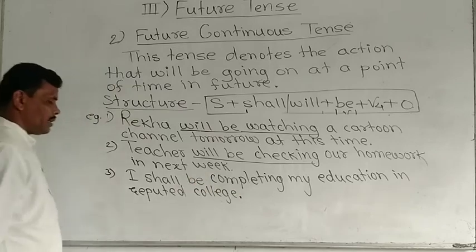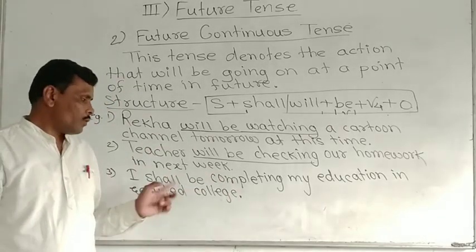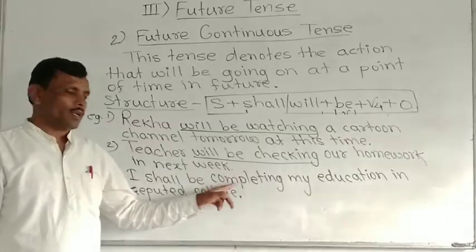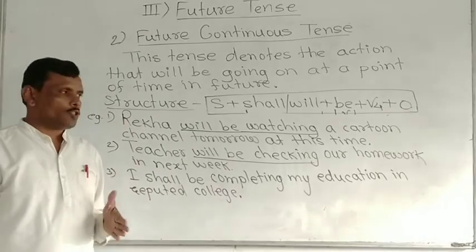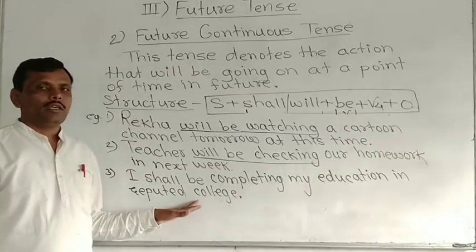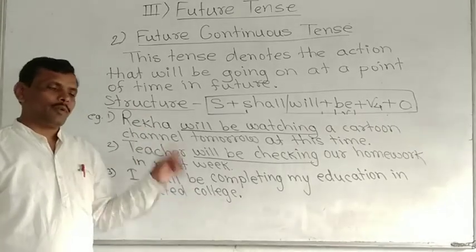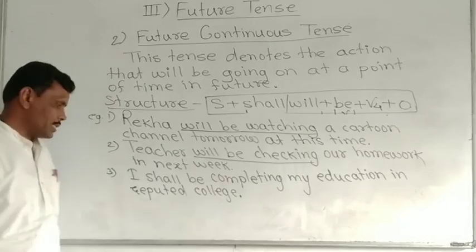See here what is written. I shall be completing my education. Okay, shall plus be plus V4. This is future continuous tense. I shall be completing my education in reputed college. This action will be going on in the future. Okay, so future continuous tense is used.